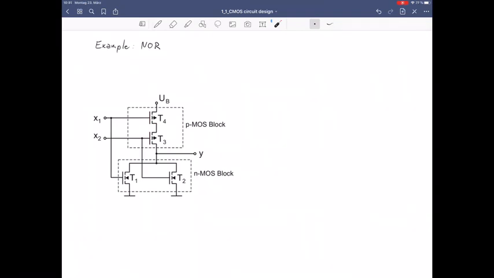Actually, it's worth looking at one of the transistors in detail. If we look, for example, at transistor T1, we can recognize this transistor as an N-type MOSFET, which means that we have negative charge or electrons which carry the current in the channel right here.